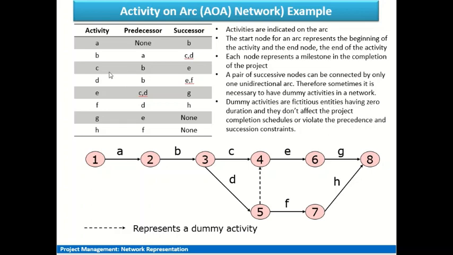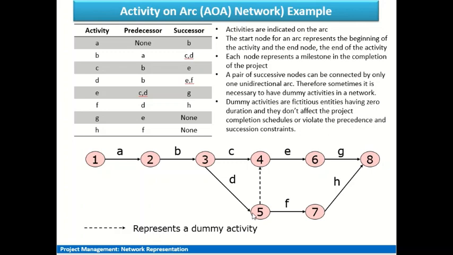Now, after C, we have the activity D, which has predecessor B. So activity D with predecessor B is shown over here as an arc between nodes 3 and 5.